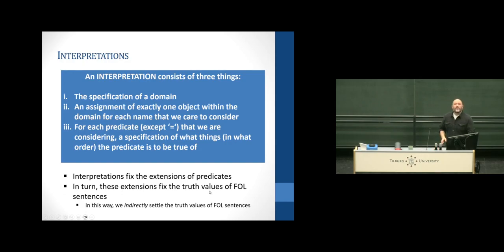In turn, these will fix the truth values of the atomic formulas, and then that's going to trickle up and give us the truth values of the FOL sentence in general. In this way, we indirectly settle the truth value of FOL sentences by fixing extensions. Fixing extensions gives us the atomic formulas, which then is going to give us whatever the more complex ones are.